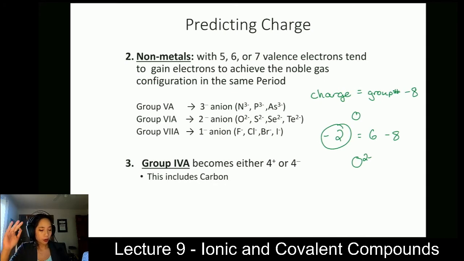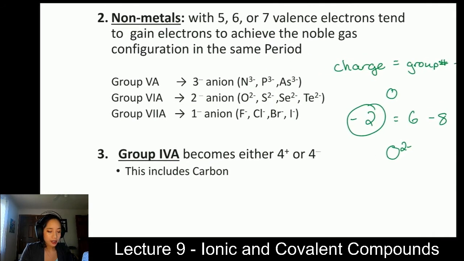All right, so we talked about metals and nonmetals, and then finally, if you've been keeping track of all the groups that I've been talking about, we haven't said anything about group 4A yet. And so 4A includes carbon, carbon being our nonmetal. So carbon can become either a 4+ cation or a 4- anion.